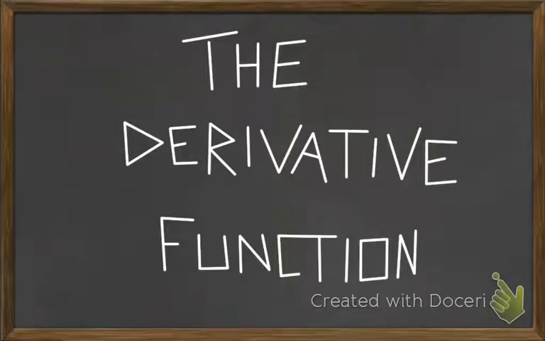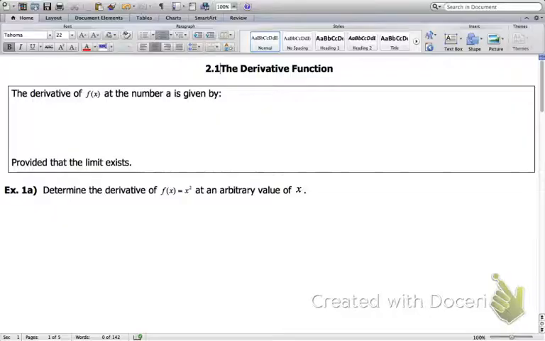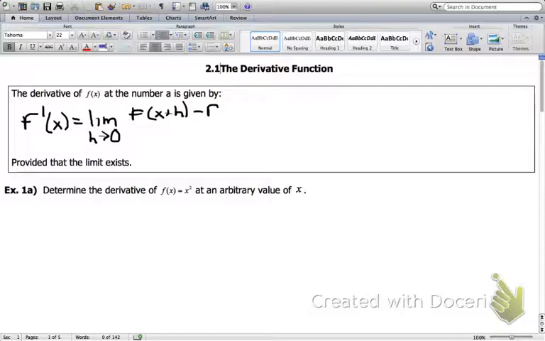Today we will begin looking at Unit 2, and to begin the whole unit we're going to talk about the derivative function. The derivative of f at x at a number a is given by f prime of x, which is equal to the limit as h approaches 0 of f at x plus h minus f at x over h.